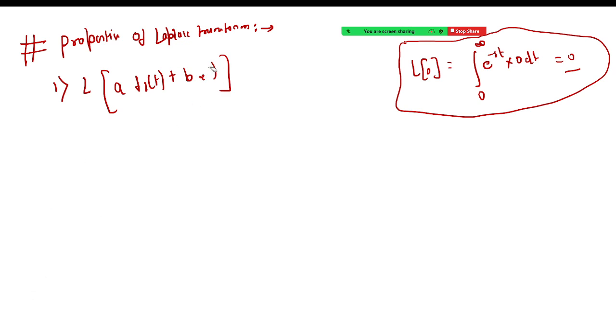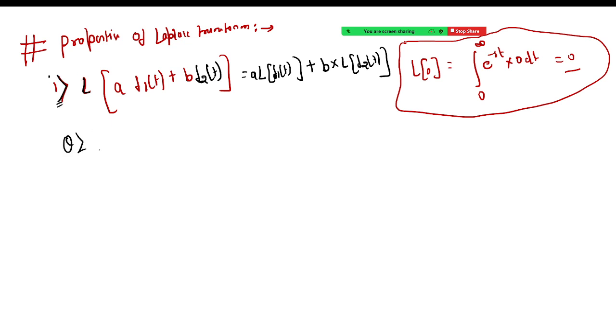If there are two functions, then you can individually apply the rules of mathematics, the associative law is applicable. So that a multiplied with Laplace transform of f1(t) plus b multiplied with Laplace transform of f2(t). Similar. We don't have to prove this particular thing, just remember it.